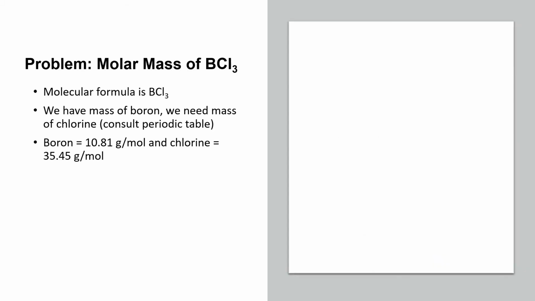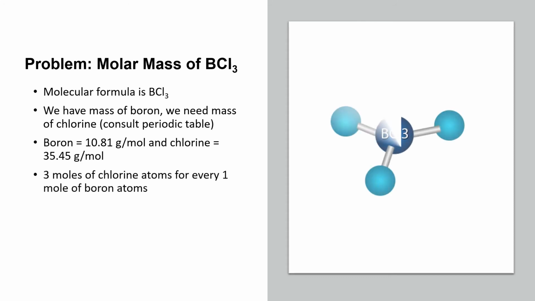So let's go ahead and do this calculation. Our problem is calculating the molar mass of boron trichloride. We just established what the mass of boron is. Now we need the mass of chlorine. So again, we look at the periodic table and we figure out that chlorine is 35.45 grams per mole. Now let's think about the molecule and its actual structure.